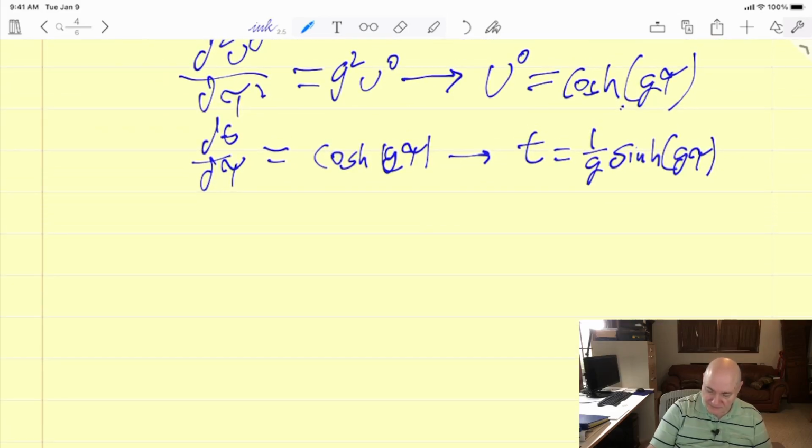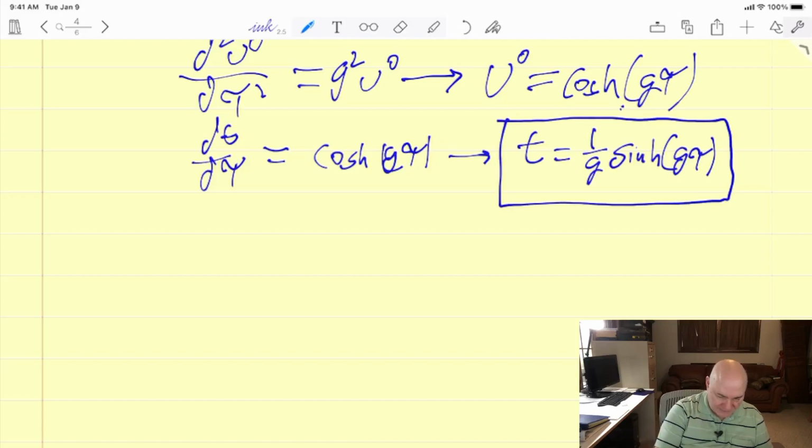Again, when tau equals 0, t equals 0, so there are no other constants and everything's good. So now that's one of our solutions. We're going to solve this parametrically, t and x in terms of tau, also using the parameter g.